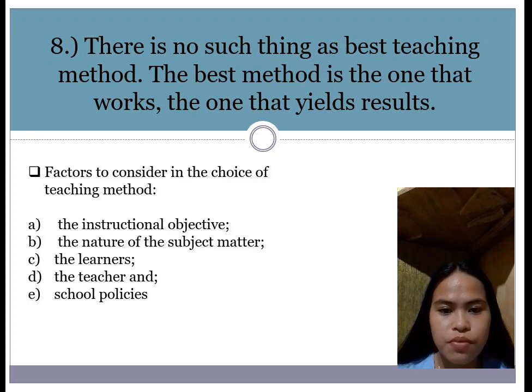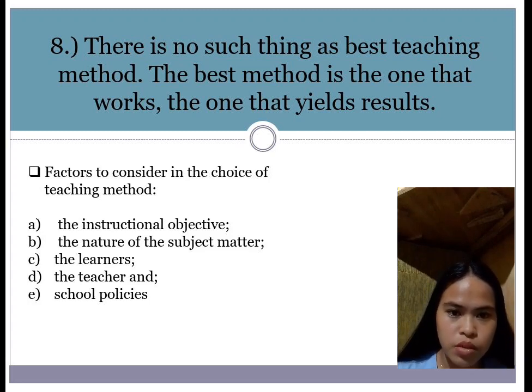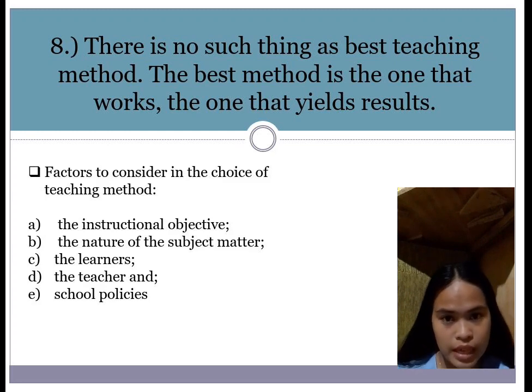Now, the learner's level of readiness is a factor that we cannot ignore. That's why educators talk about assessing the entry knowledge and skills of our pupils or students to determine their level of readiness.